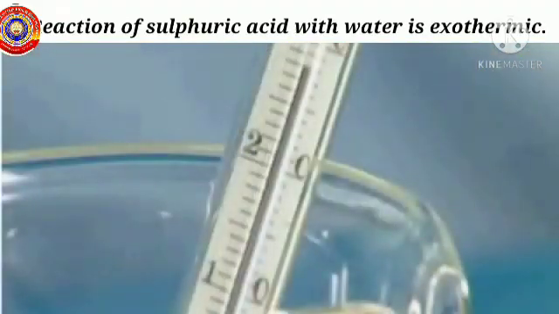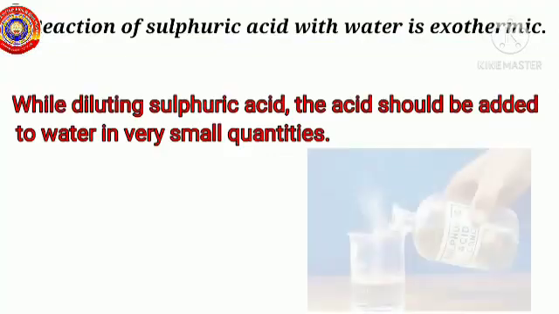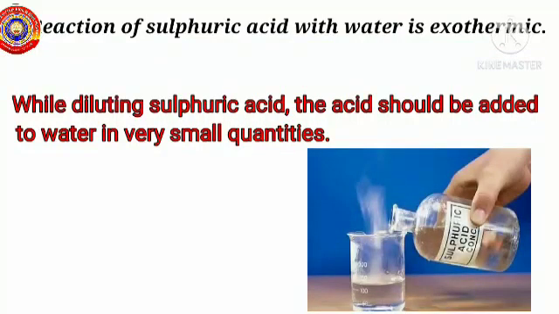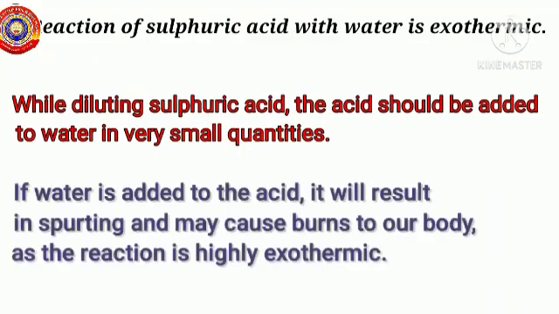So dear students, while diluting sulfuric acid, you should remember the acid should be added to water but not water to acid. If we add water to the acid directly, it will result in spurting, which means it may cause burns to our body as the reaction is highly exothermic.